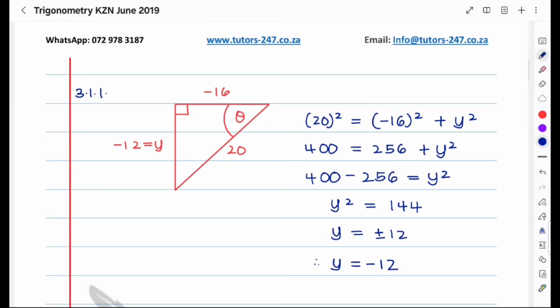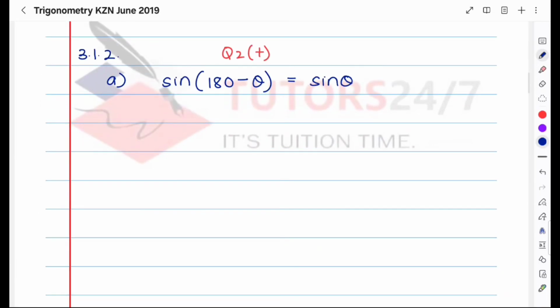So we know that sine theta is equal to the opposite, which is -12 over the hypotenuse, which is 20. So we therefore have sine of 180 minus theta as equal to -12 over 20.